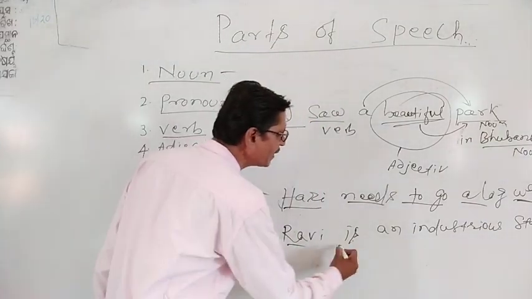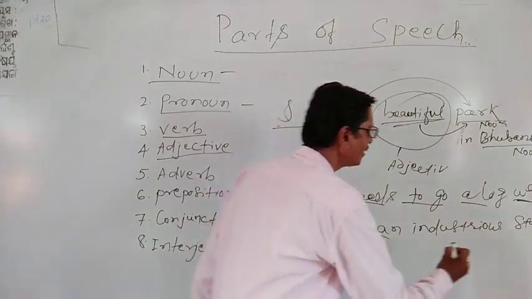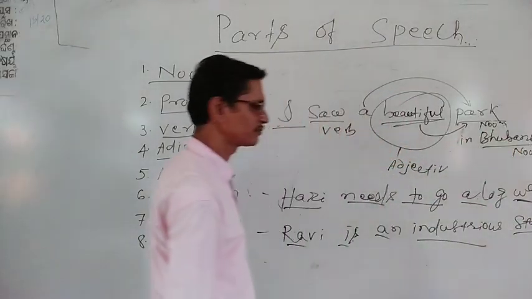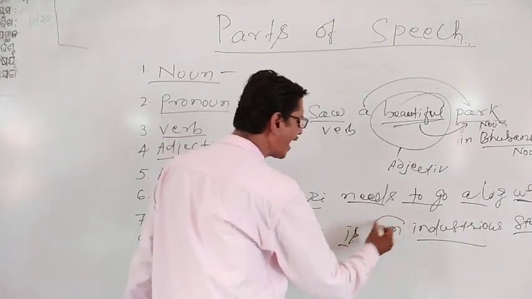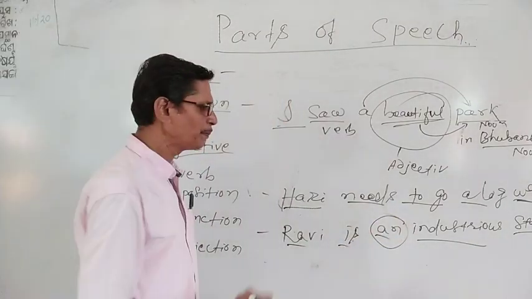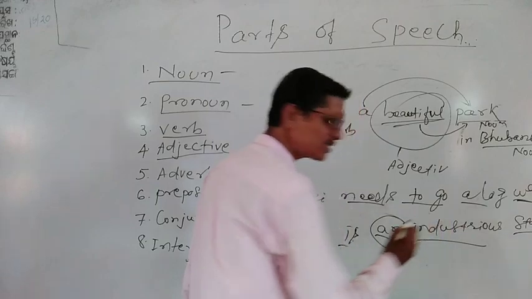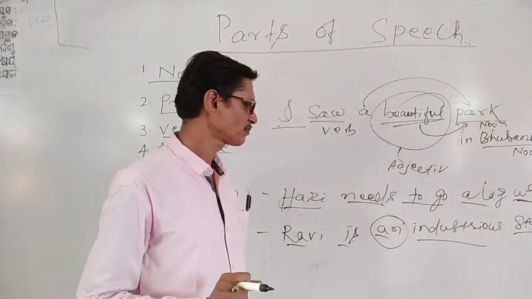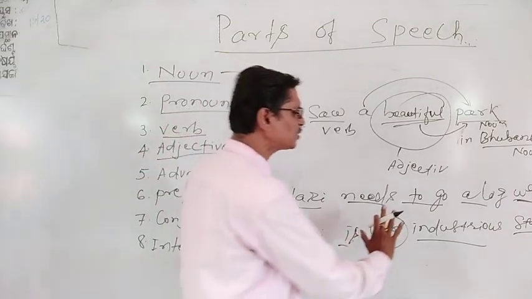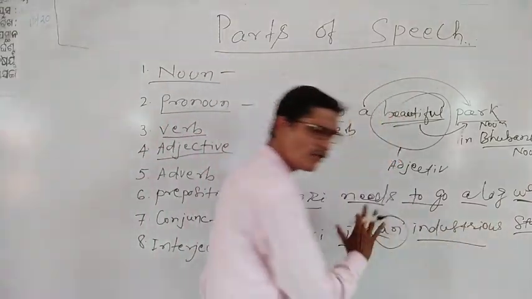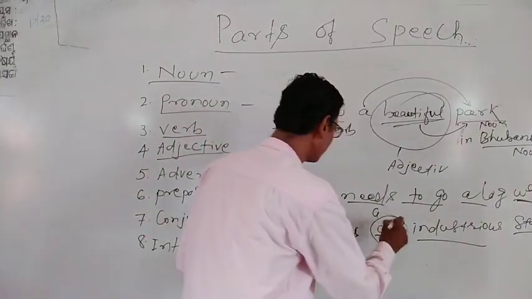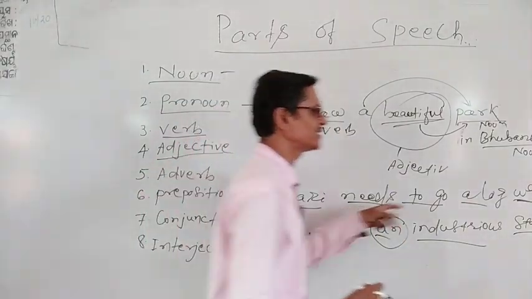Similarly, Ravi is an industrious student. We have used an over here because the word industrious starts with a vowel sound. If this word was not here, we could have used a: Ravi is a student.